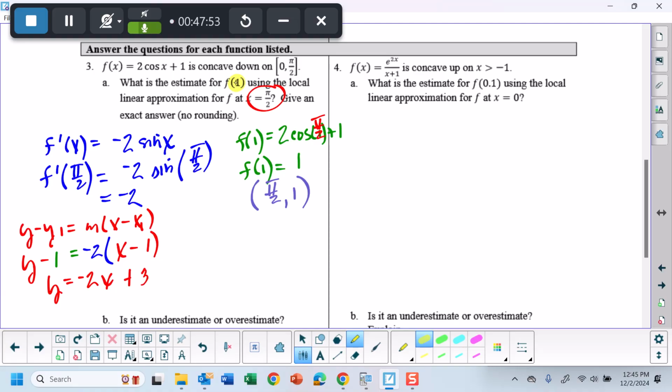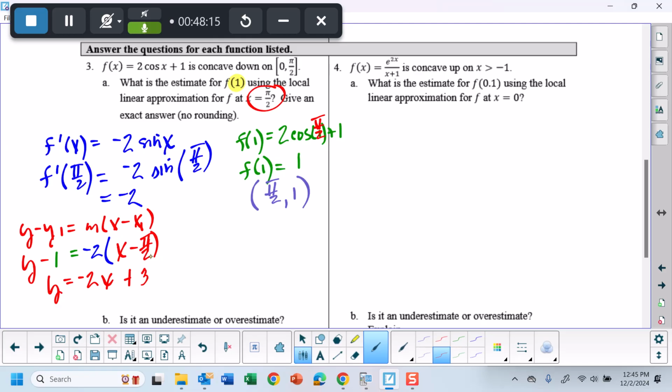When I find my derivative, at that point it's negative 2. But I think this needs to be pi over 2. I'm getting tangled up between my input values. There's my slope.